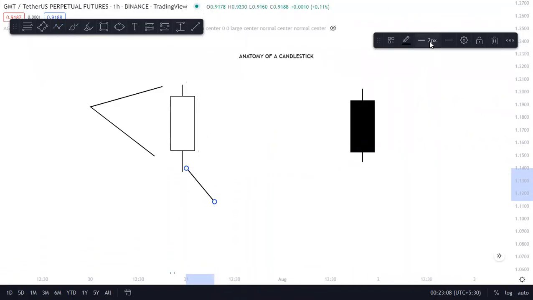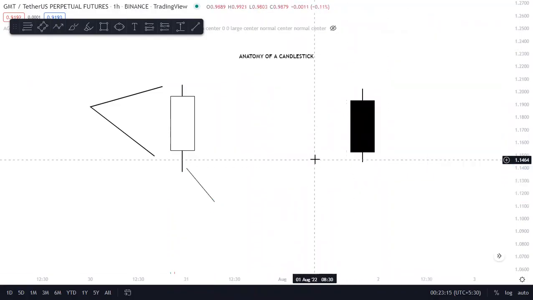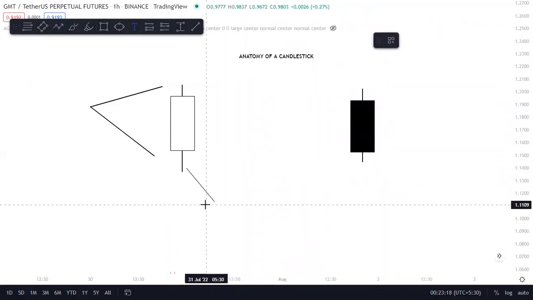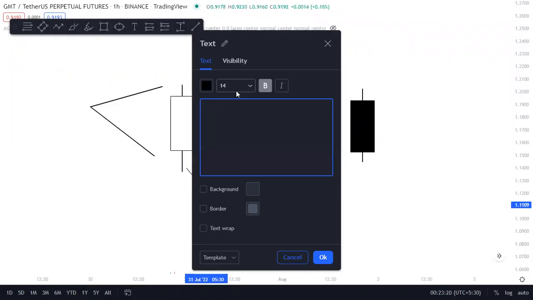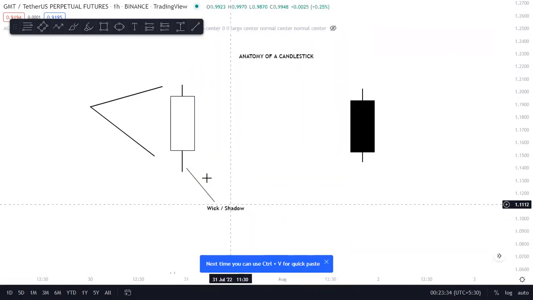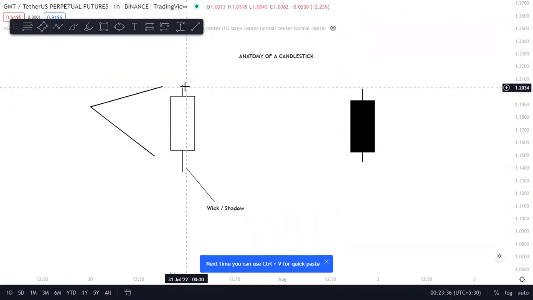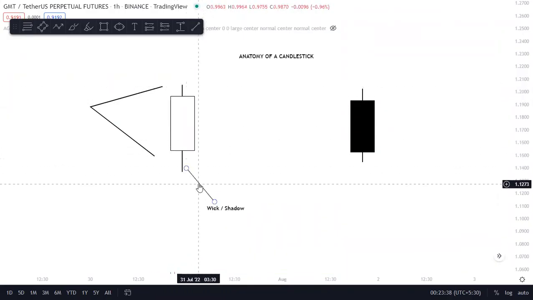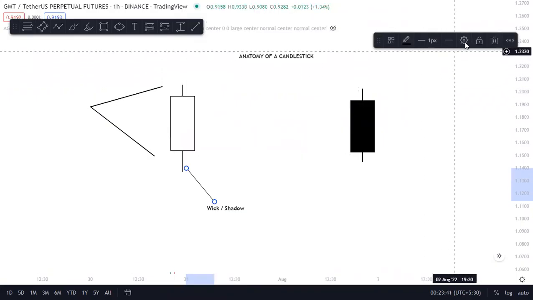Some persons call them wicks, or a wick. If it is two, you call them wicks; if it is one, you call it a wick. Some persons call them wicks and some call them shadows. Let me write them: wick or shadow. You can call this a wick or a shadow, same as this one, those lines in those candlesticks.